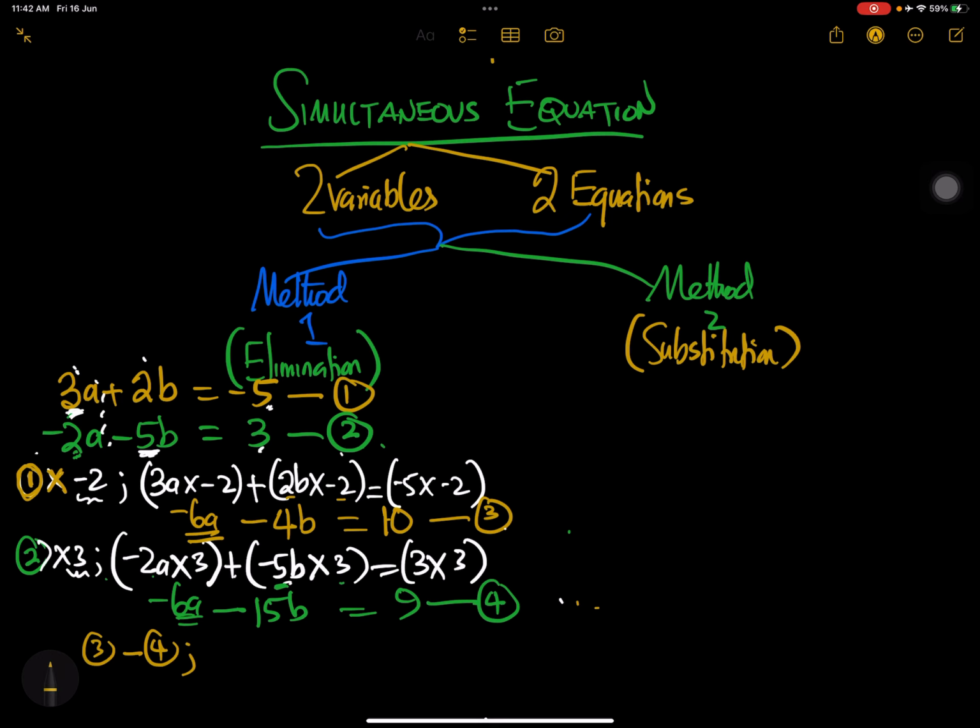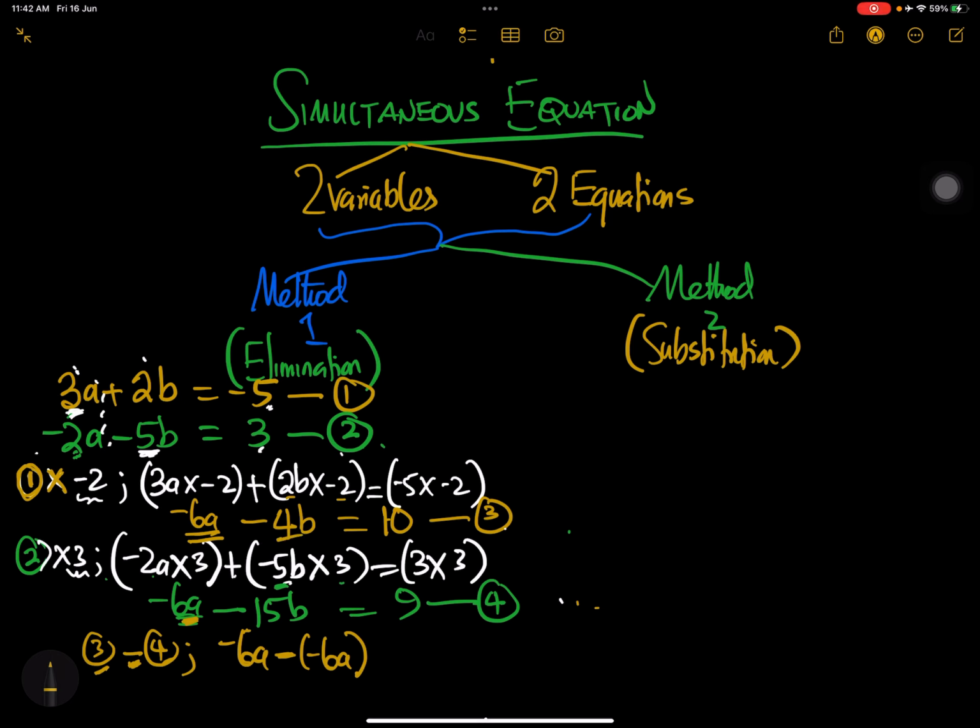To do that, we are going to get negative 6a, because the first thing in equation 3 is negative 6a. Now this sign here is minus, so we have to bring the minus. The first thing in equation 4 is negative 6a, so we put negative 6a here. Then we go back to equation 3.